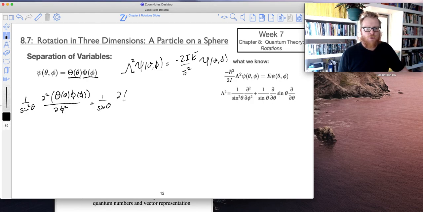Partial of theta, I'll make sure I stay consistent here. We'll use little serifs to note that that's capital phi. Partial in theta, and then that's times a sine theta.